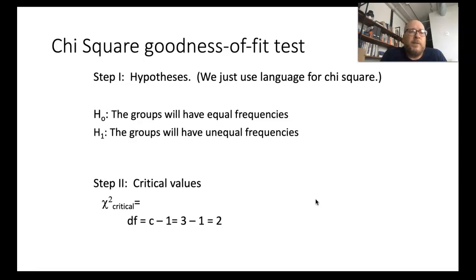Now, it is possible to have a hypothesis where you don't expect them to be equal. For example, in class, we have a lot of biology majors, followed by neuroscience majors and psychology majors.